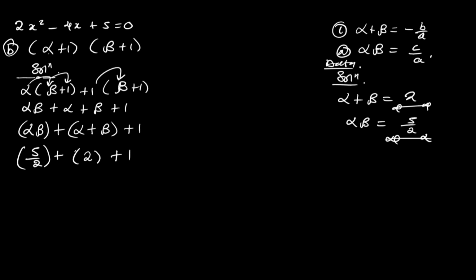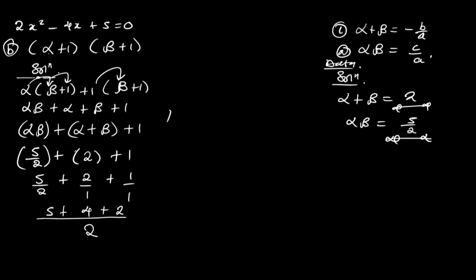Now, this means I'm having 5 over 2 plus 2, and this 2 can be 2 over 1, because all I want to do is to have a single fraction, since I'm having multiple fractions. So I'll say over 2. Now 2 into 2 is 1 times 5, that is 5. 1 into 2, I'll maintain the sign plus. 1 into 2 is 2 times 2, it's 4, maintain the sign plus. 1 into 2 is 2 times 1, that will basically give me 2.